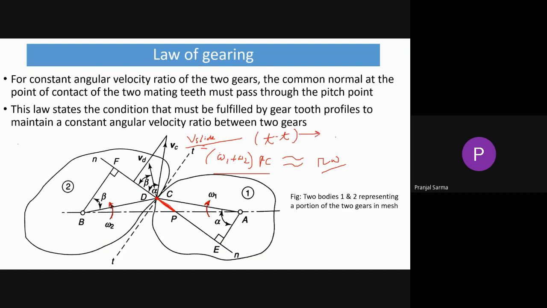Should there be any velocity in the common normal? What about the relative velocity of the two meeting gear teeth along the common normal?